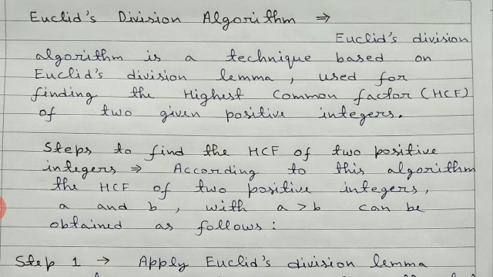It says any positive integer a can be divided by another positive integer b in such a way that it leaves a remainder r that is smaller than b. Many of you probably recognize this as the usual long division process.